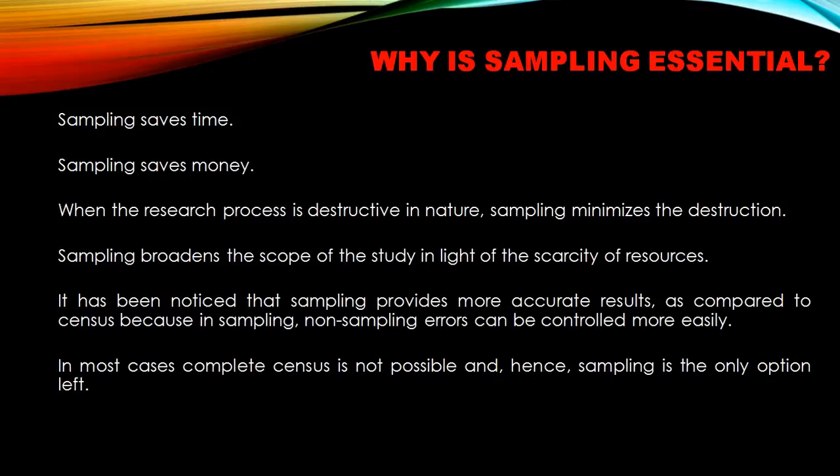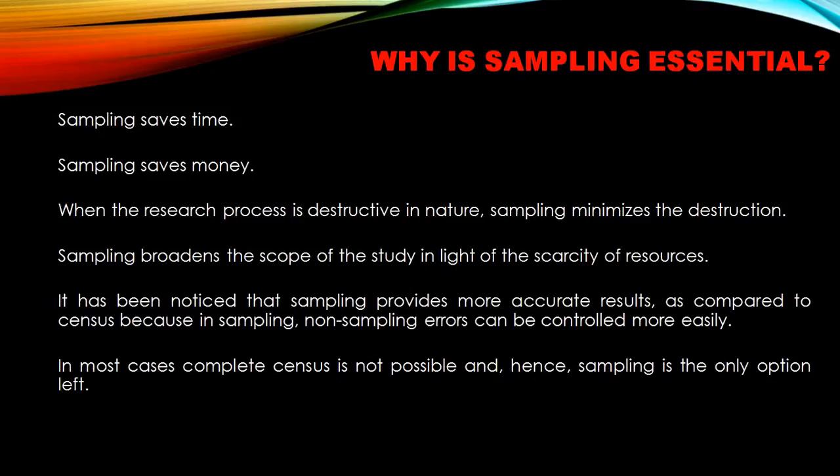There are a lot of non-sampling errors. For example, the way we analyze the data, while we report the data, while we are simply punching in the data, a lot of errors could occur. But when sampling is done, since it's a small size, such kind of errors could be minimized. And moreover, when I go ahead with census, I'm catering to the entire population, and by the time I finish the entire study, a lot of changes occur in the population.